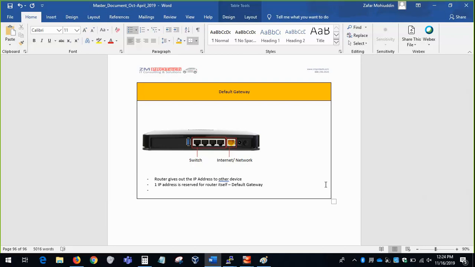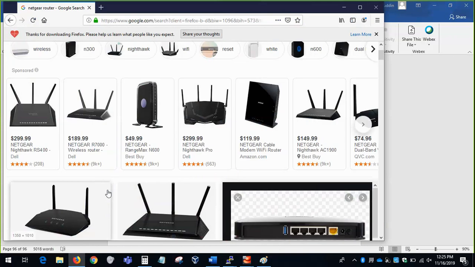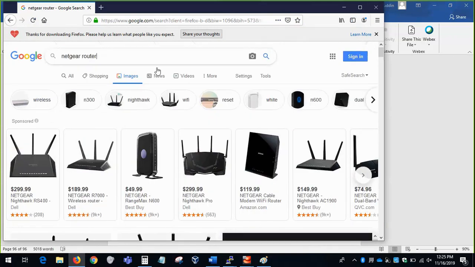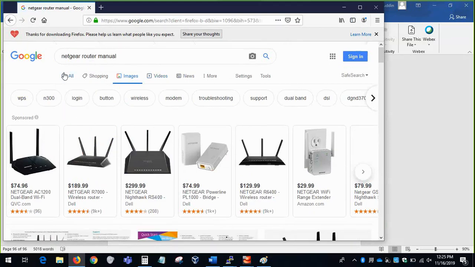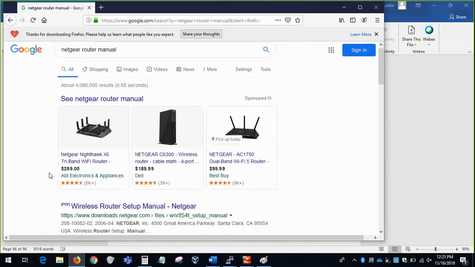Okay. Any questions? Go ahead. Is your IP address assigned by the network service provider, or is it provided by the manufacturer? It's provided by the manufacturer. So, for example, if you have a Netgear router and look at their reading document, I know Netgear uses 192.168.0.1.